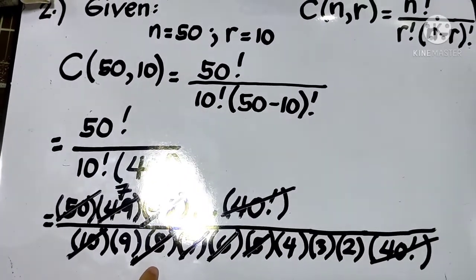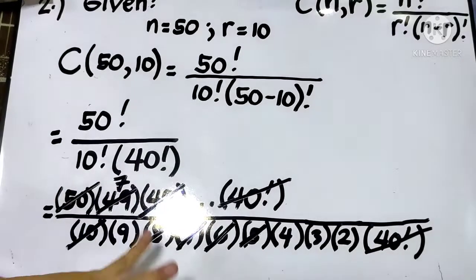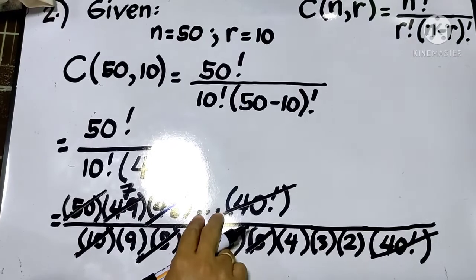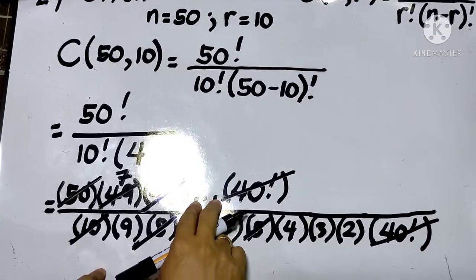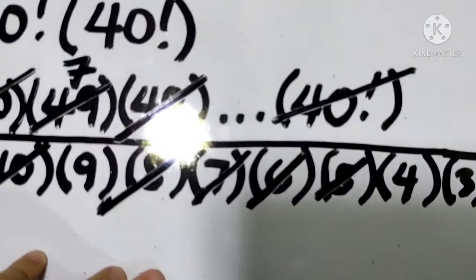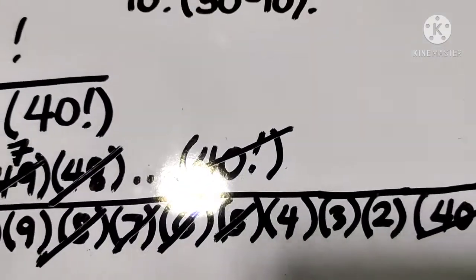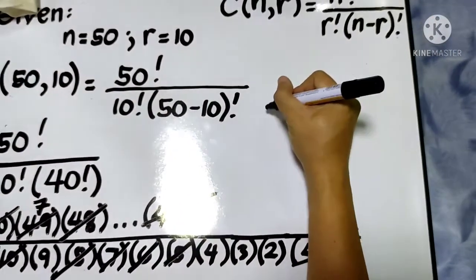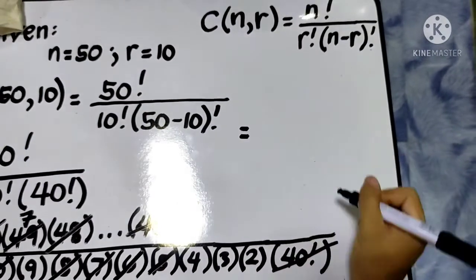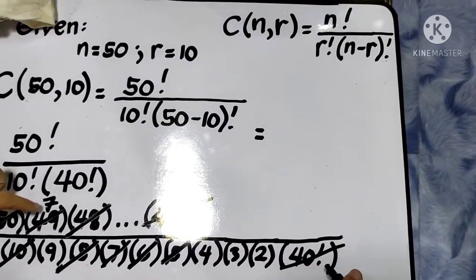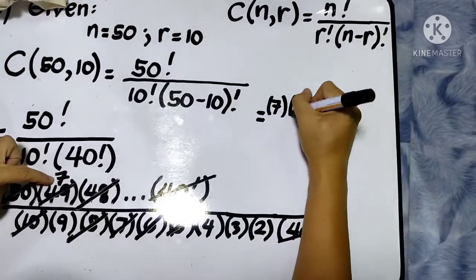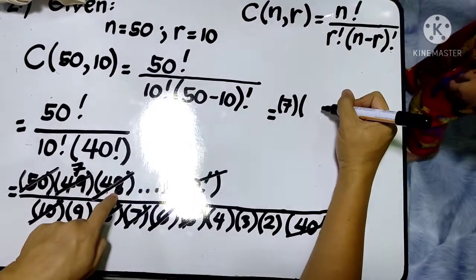Siguro, akala ninyo wala nang natitira sa numerator. Remember that meron tayong numbers dito na nirepresent lang natin sa ellipses. So, ito ay magiging, magre-write tayo dito. Wala nang 50. So, copy yung 7. Meron tayong 7. Then, wala na rin 48.